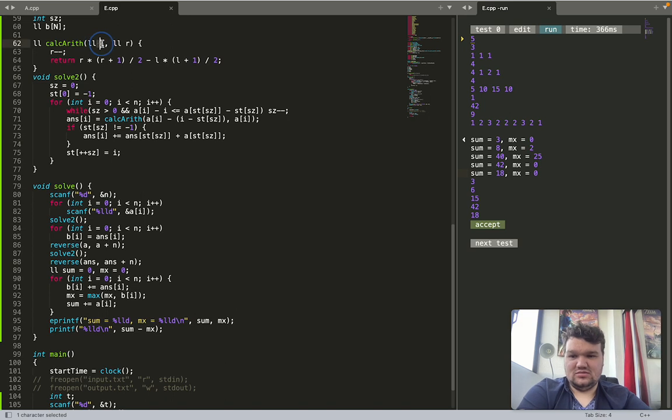I guess I set negative values here, but that also shouldn't be possible, because this value should be greater than a here.